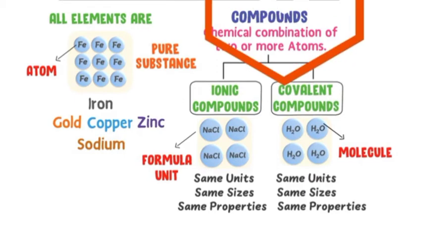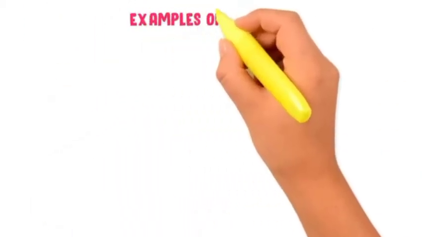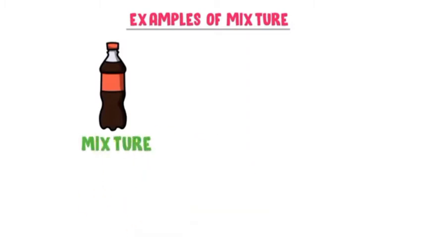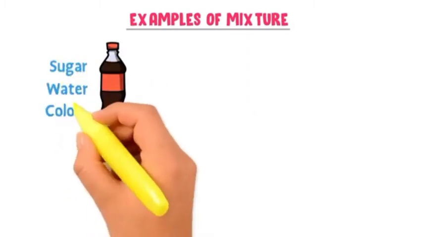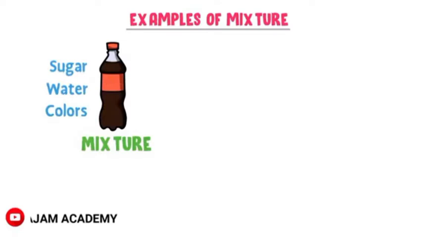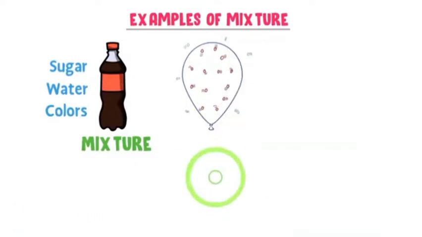Now let me also give you some examples of mixtures. According to chemistry, the carbonated drinks we use are not pure substances. They are mixtures because they are composed of sugar, water and different colors mixed together physically. Secondly, air is not a pure substance.